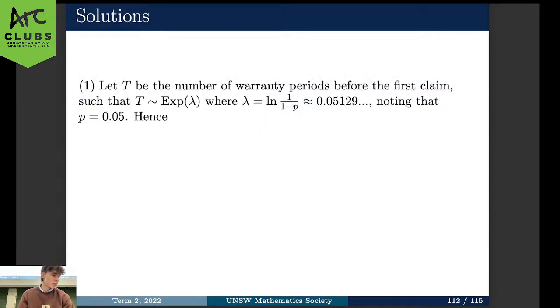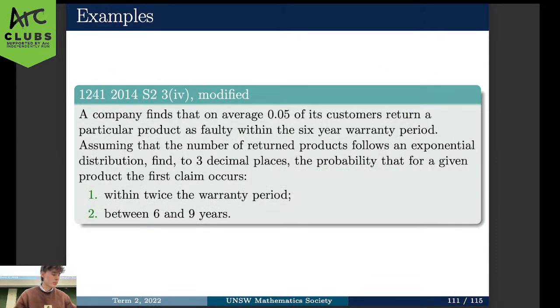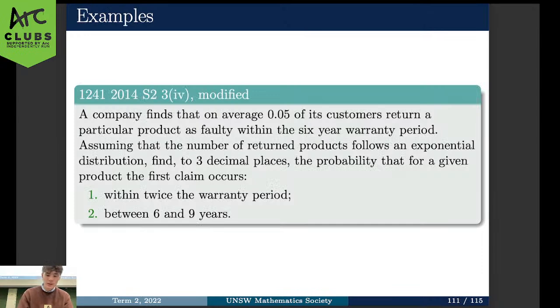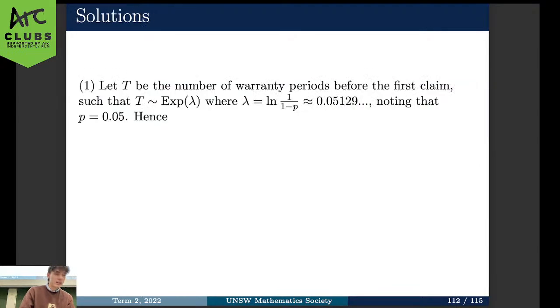So we're given a probability p here, but remember when we're dealing with an exponential distribution, that is in terms of some parameter lambda. So if t is the number of warranty periods before the first claim, then t is exponentially distributed with lambda. But we're not given a lambda value, we're given a value for p. But we use the fact that in the exponential distribution, there's a relationship between p and lambda.